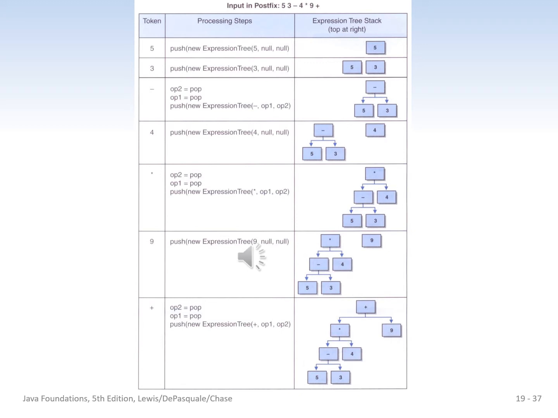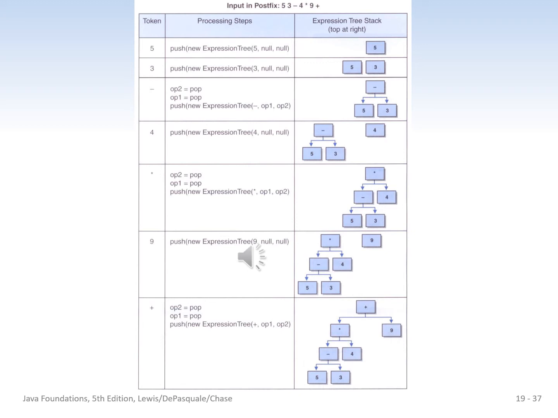And then we will see an operator. So we'll create a new expression tree, but the operation will be minus. So we'll push a new expression tree minus op1, op2.